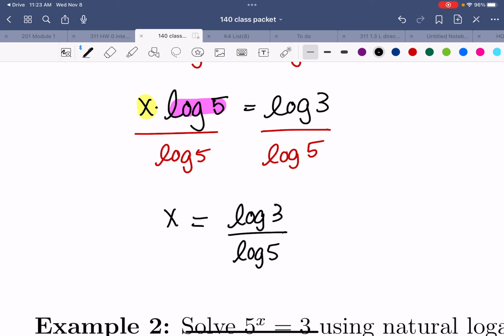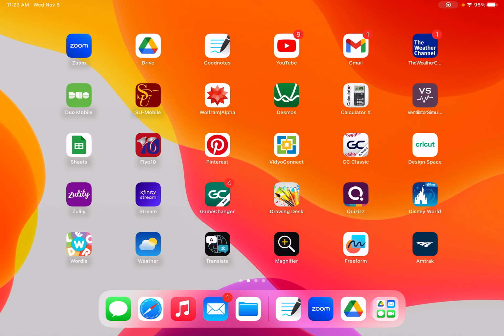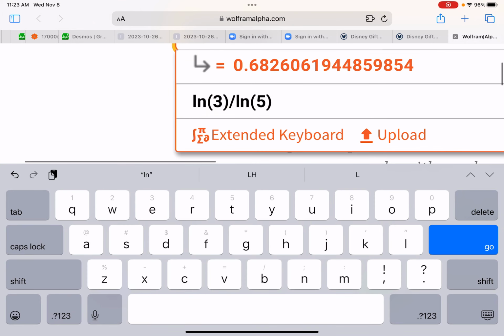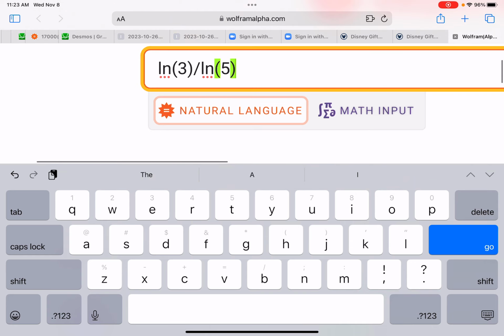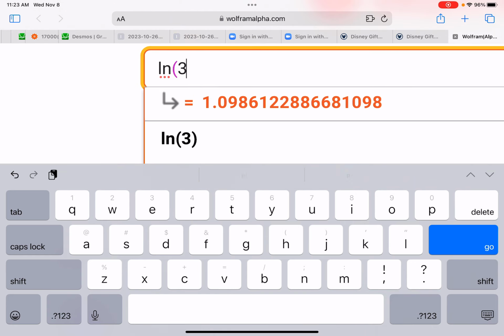Now, this can be a little bit tricky if you're using a scientific calculator without rounding your values. So I do recommend that you can go to something like wolframalpha.com. You can see up here at the top, right? My Wolfram Alpha. And then I can just plug things in here. So I can just type it in the way I want it.